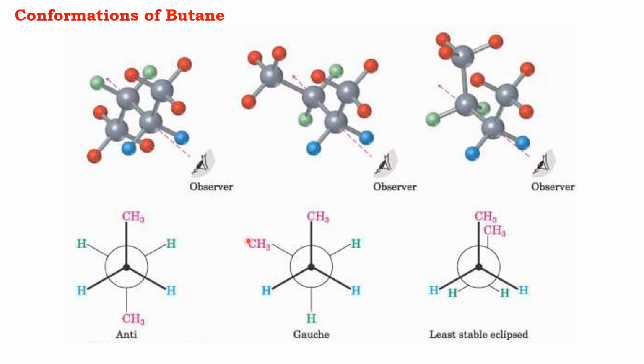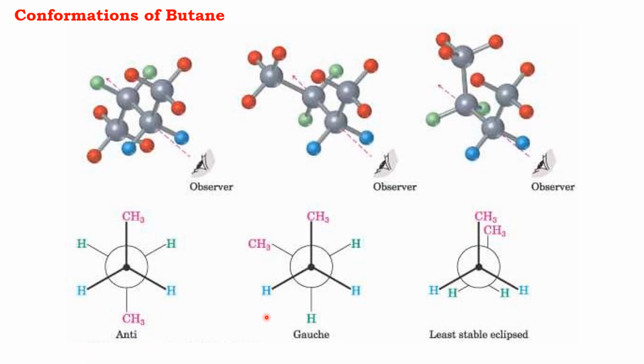Now move to the next one, the gauche conformation. See here, the observer is looking along the C2-C3 plane. When he views the molecule through the C2-C3 plane, the first methyl group is above the plane, while the second methyl group is perpendicular to this plane. Or we could say the distance between the carbon atoms of these two methyl groups is less compared to the anti form.